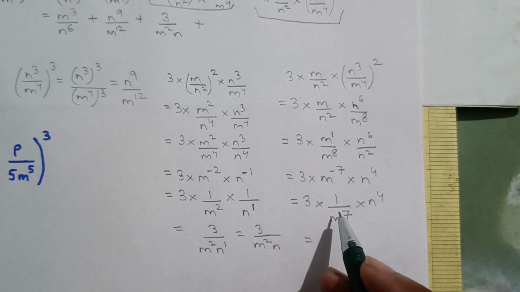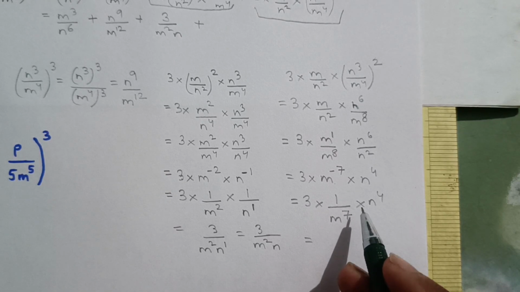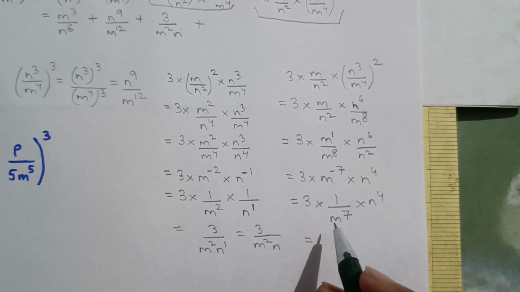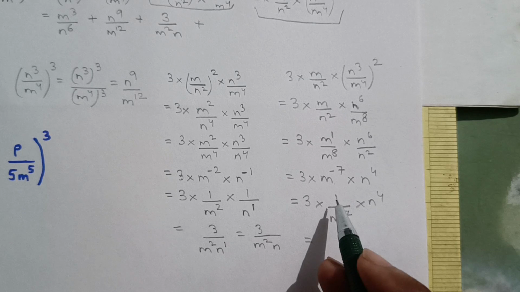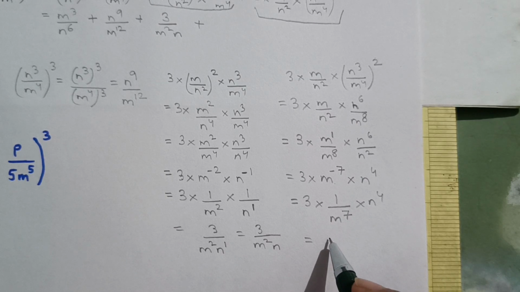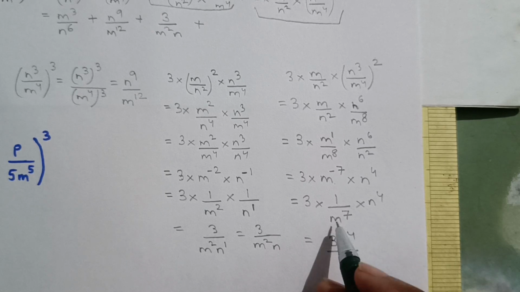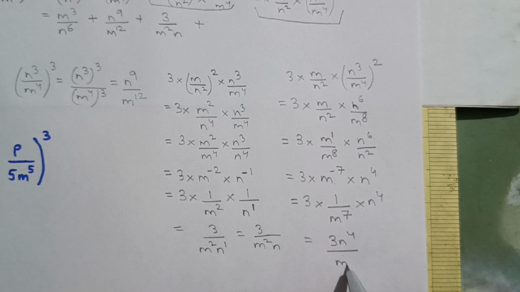So 3 into 1 upon m to the power 7 into n to the power 4. Now this is multiplication of fractions. So the numerator will be 3 into 1 into n to the power 4, which is 3 n to the power 4, upon the denominator m to the power 7.